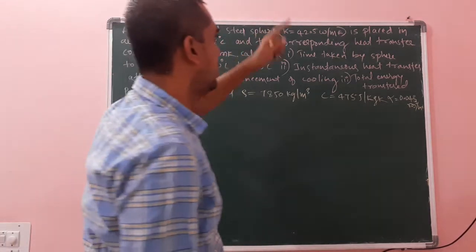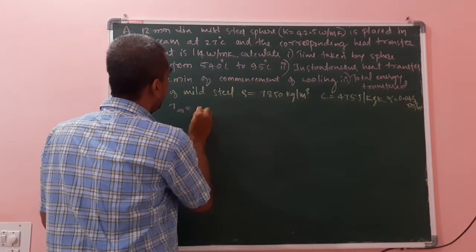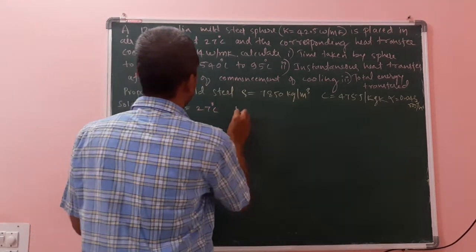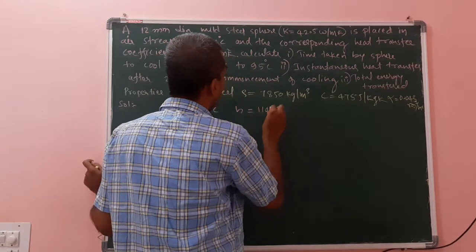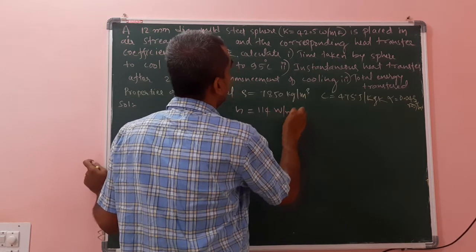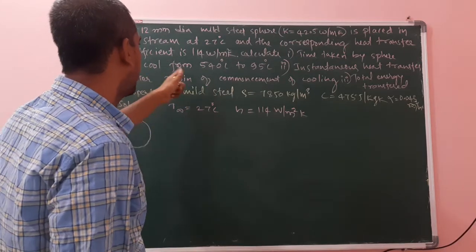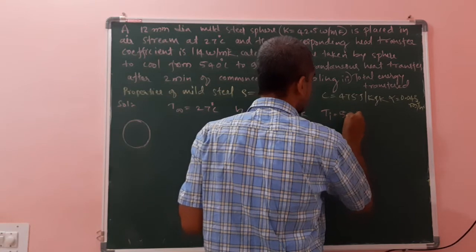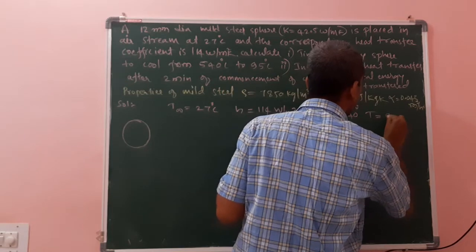The sphere is placed in a stream of air, means T infinity is equal to 27 degrees Celsius. The corresponding heat transfer coefficient h is equal to 114 watt per meter square Kelvin. Calculate the time taken by the sphere to cool from the initial temperature Ti equal to 540 degrees Celsius to a temperature T equal to 95 degrees Celsius.